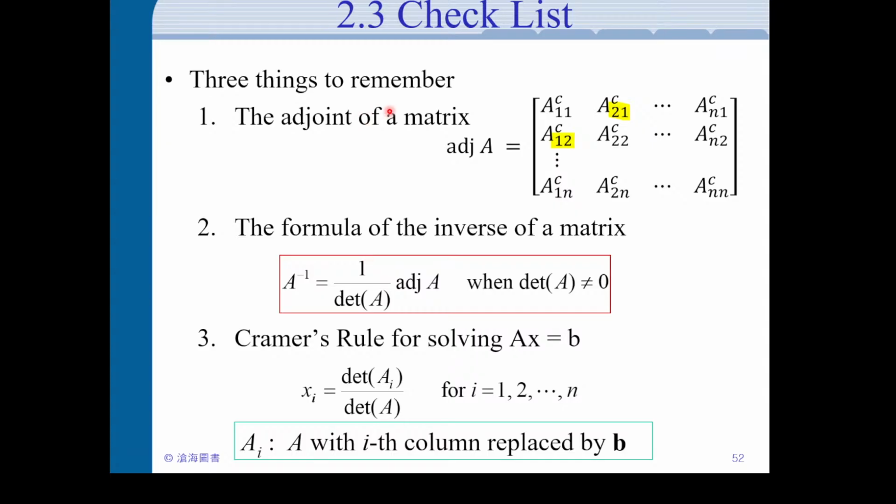So this is the checklist for 2.3. We define the adjoint of A as this AC with the transpose. Okay.